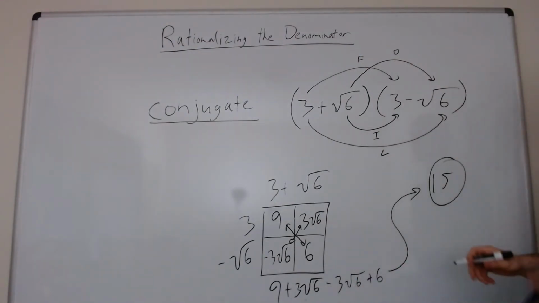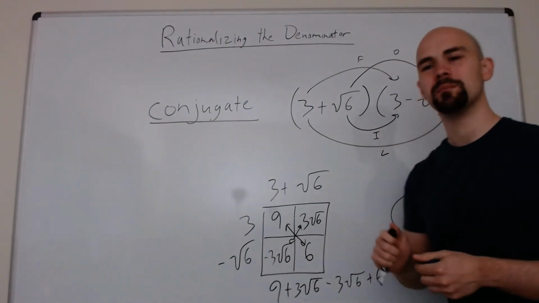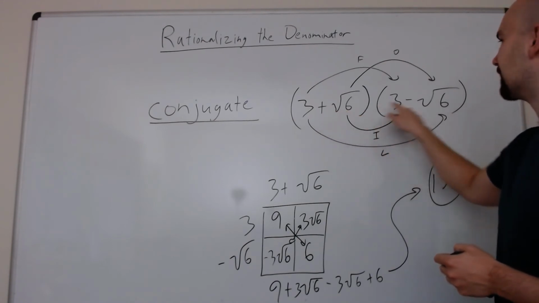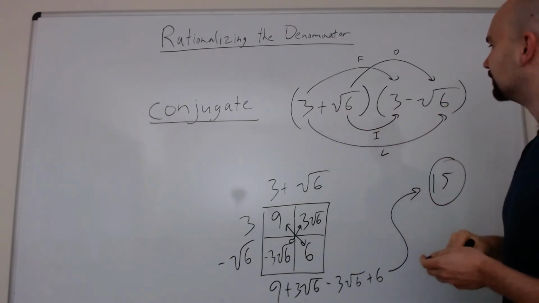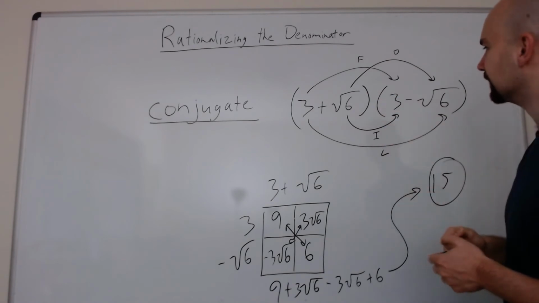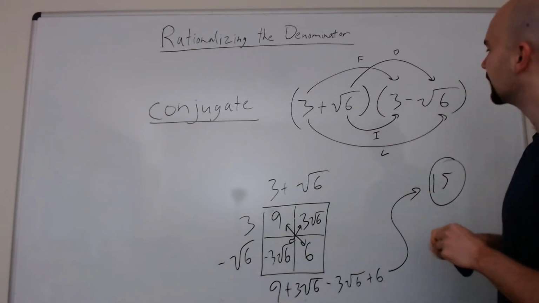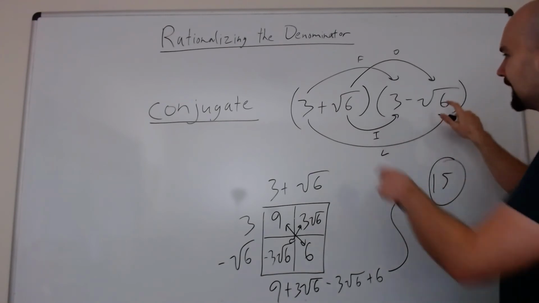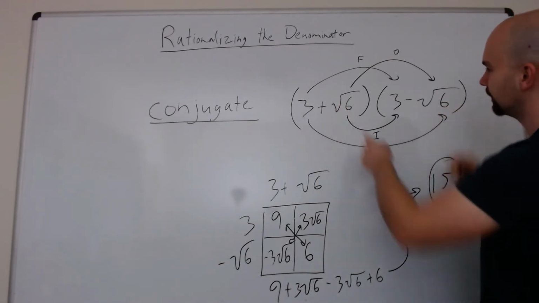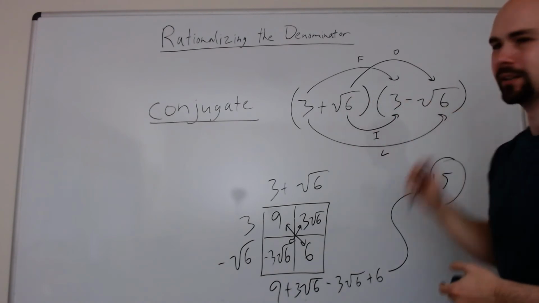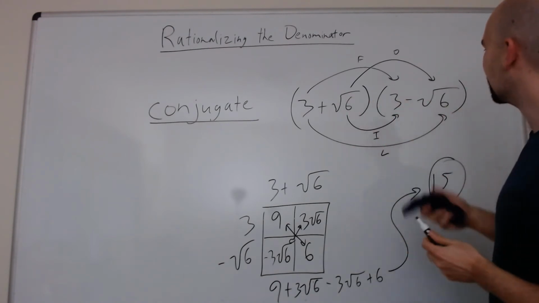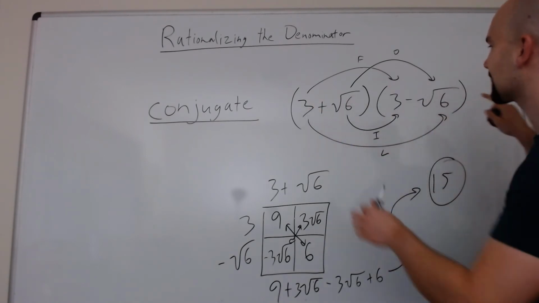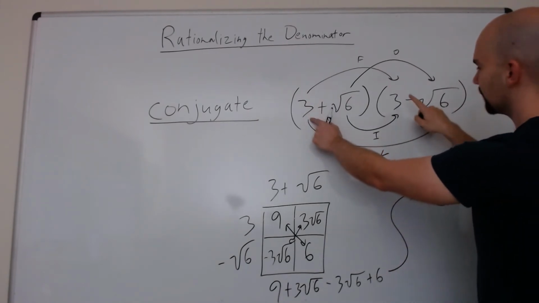We're basically going to be using that whole FOIL method we've done in the past with a plus something you want to get rid of and a minus something you want to get rid of. You're going to have a plus a square root and a minus a square root that are opposite numbers. In other words, if you added them together, you would get 0. So then first and last are going to be whole numbers because you have a whole number times a whole number.